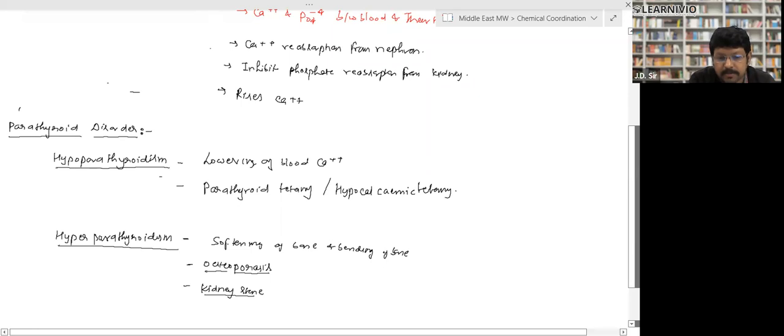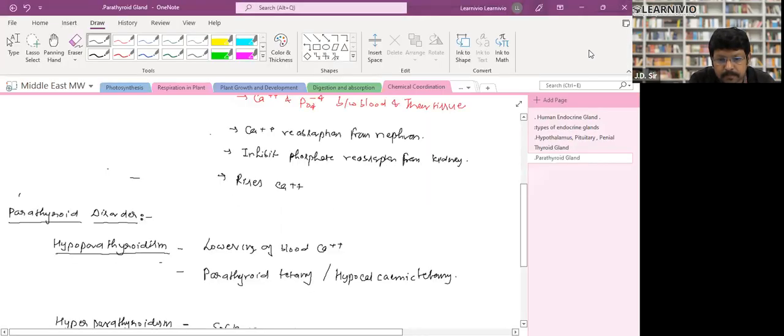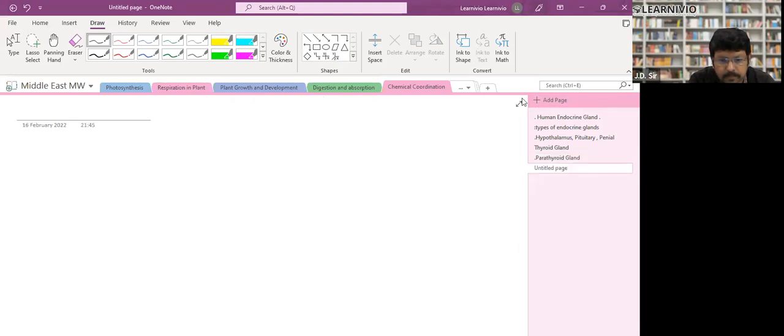So the next gland is the thymus gland. Put the next heading, the thymus gland.